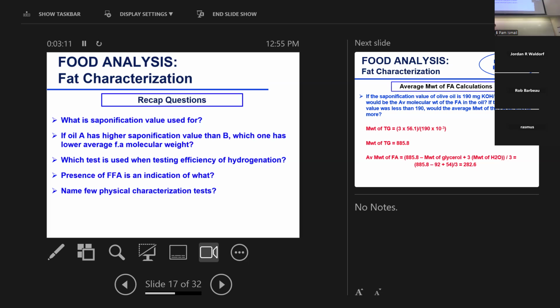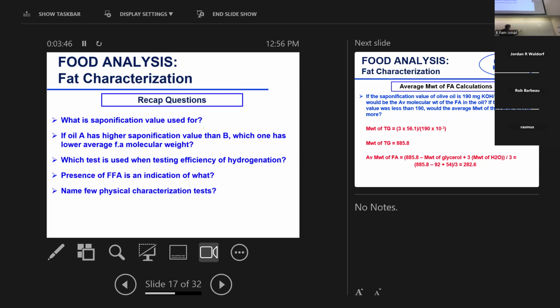It's an inverse relationship, remember that. So high means low, low means high. It is milligrams of KOH per 1 gram of fat or oil. So if you have higher milligrams of KOH, this means you have shorter chain.